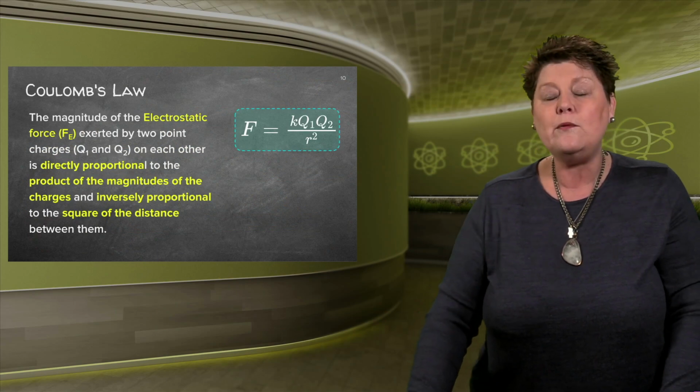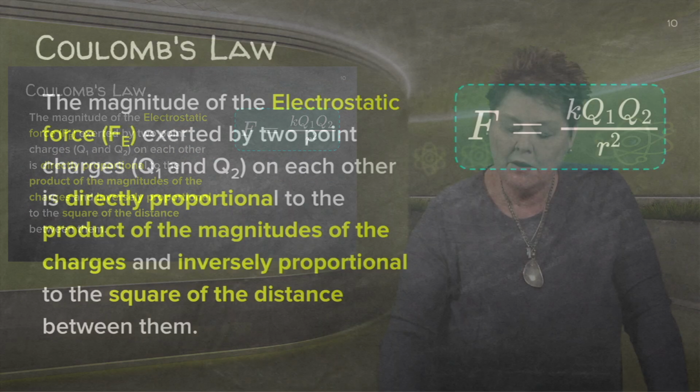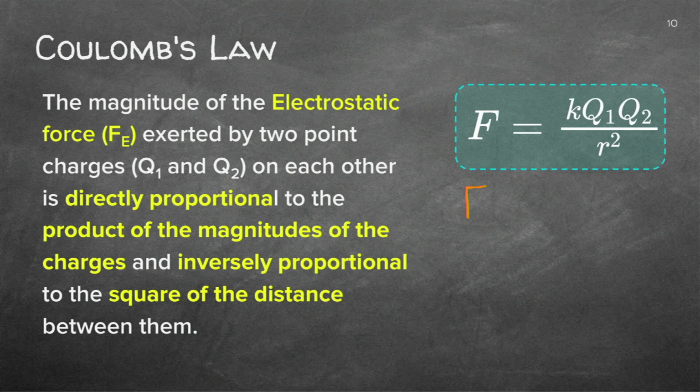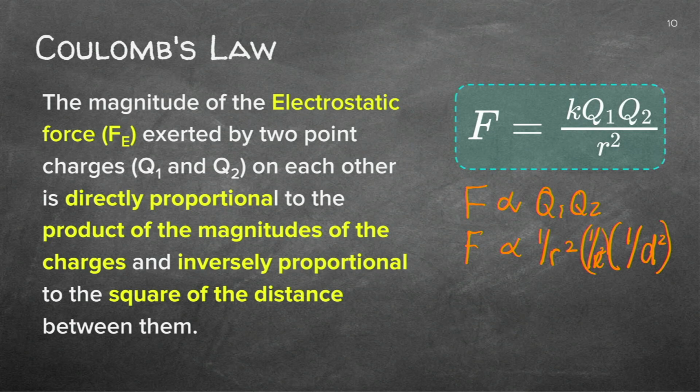Let's see, when we write down this equation, we just now said we've got the force directly proportional to Q1 and Q2. We also said the force is inversely proportional to the square of the distance between them. I just want to tell you, you might find d squared or even 1 over r squared. It depends on the textbook or the equations that you use.